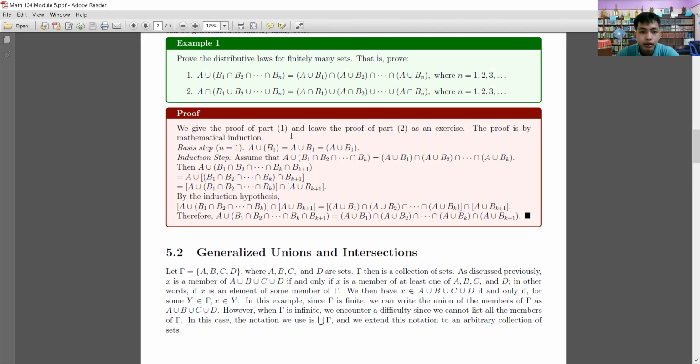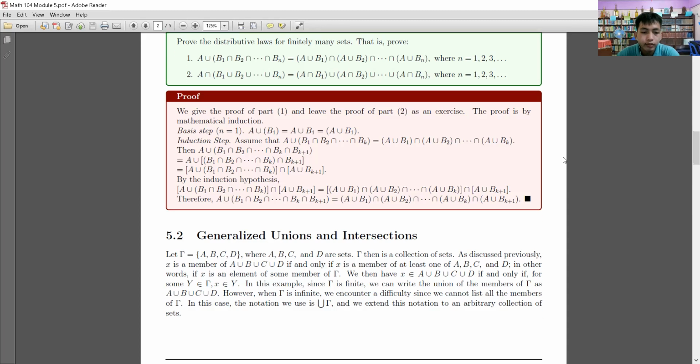So therefore, we have proved number 1. Number 2 is left as an exercise. Its proof is similar.